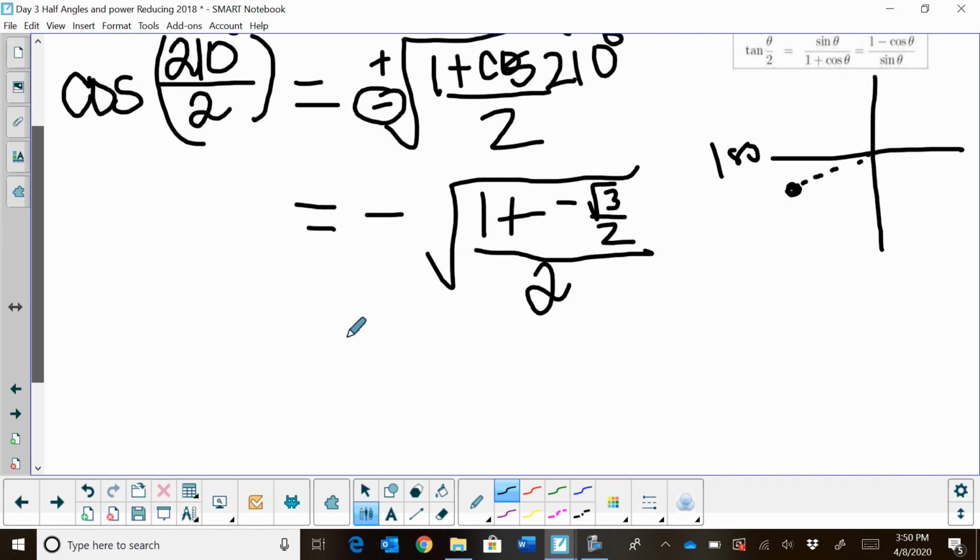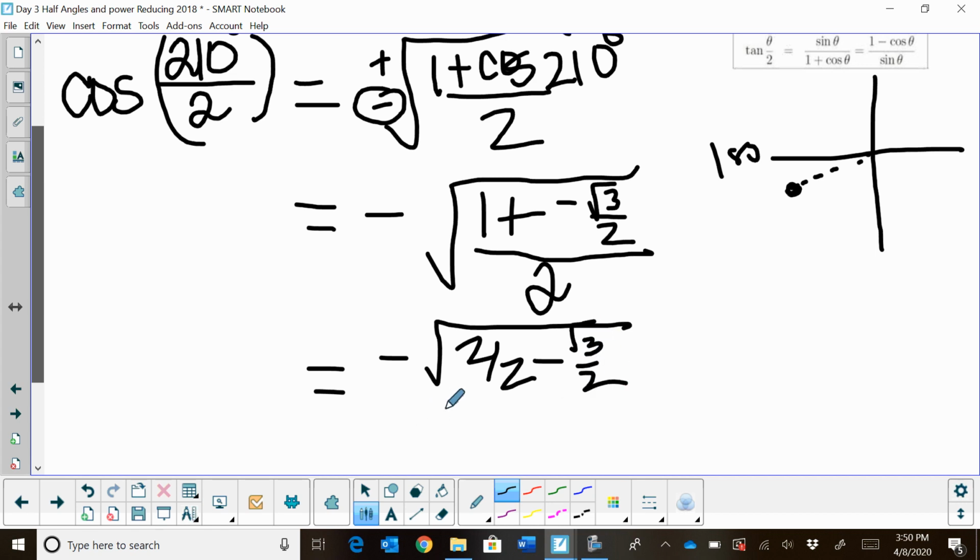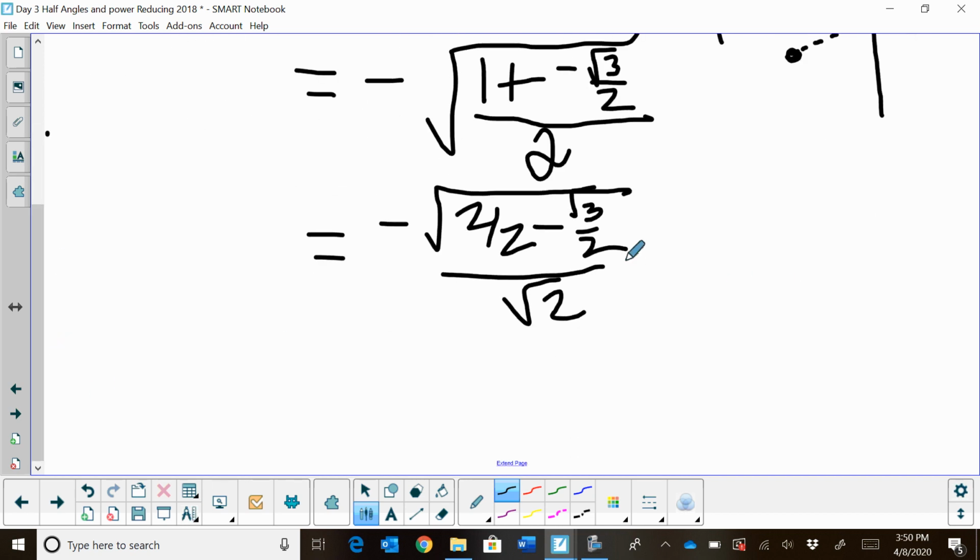So now let's simplify some of these. We've got a negative, and in the numerator, I'm going to change the 1 to a 2 over 2, minus square root of 3 over 2, all over the square root of 2. Now notice I separated those, and that's fine.